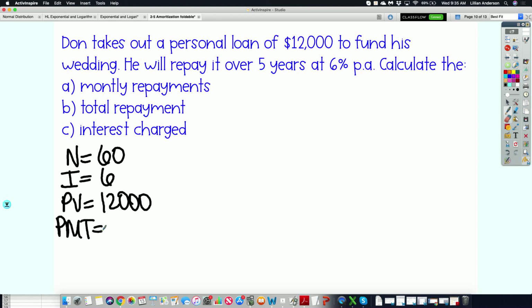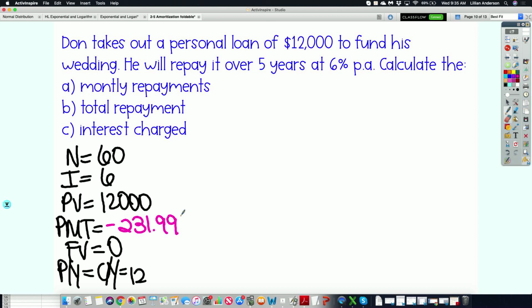FV is 0. Then P/Y and C/Y. The payment is negative 231.993. So he's going to have to pay $232 each month for the next 5 years.